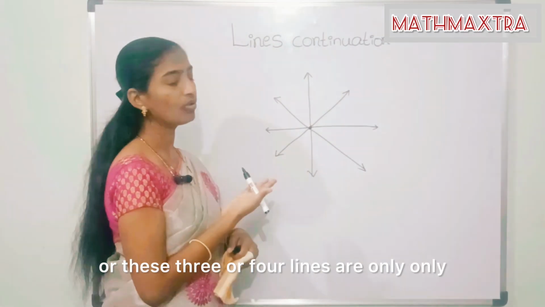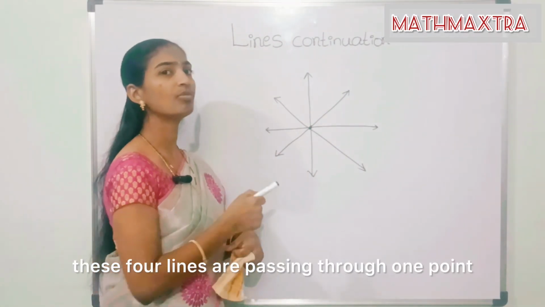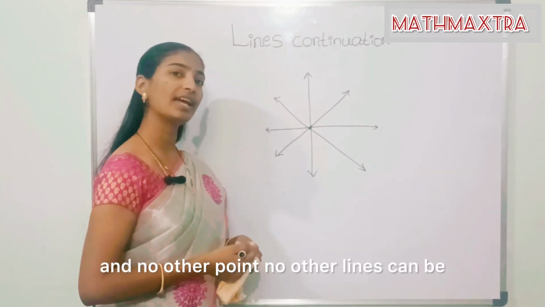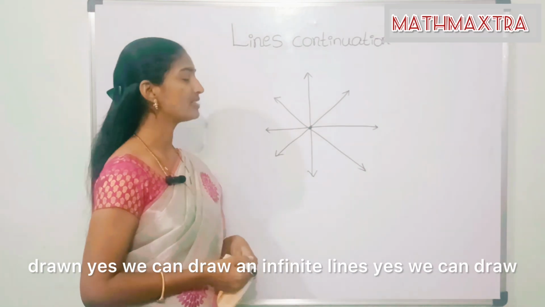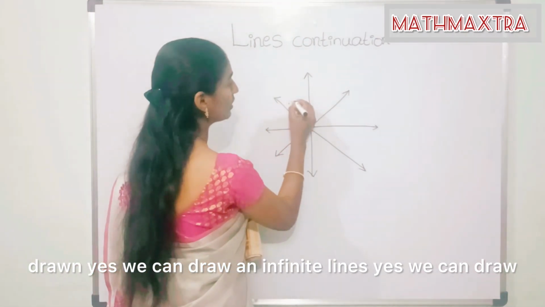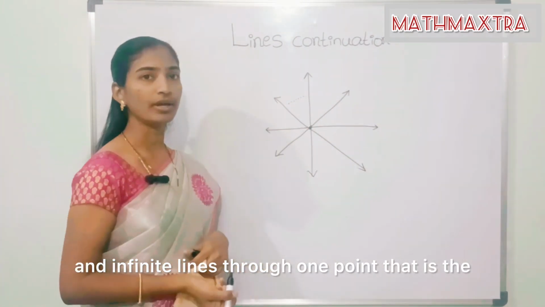These four lines are passing through one point, but no other lines can be drawn? Yes, we can draw infinite lines through one point.